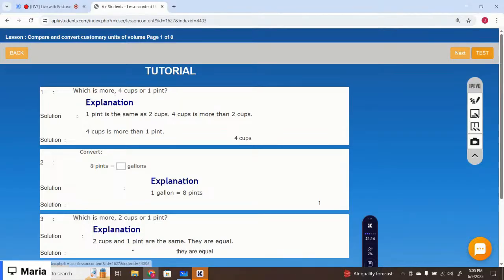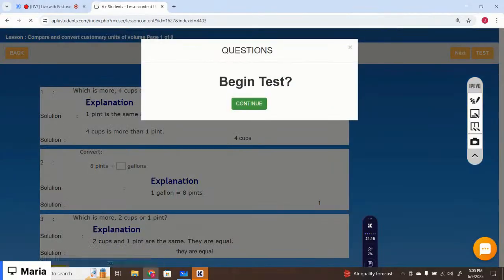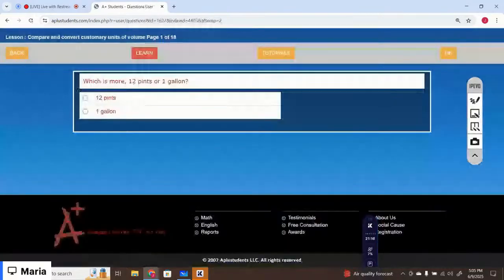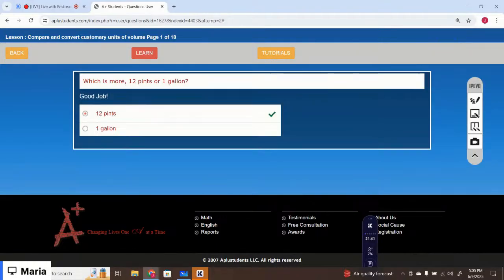Let's just start with the test questions. Which is more, 12 pints or 1 gallon? 12 pints is more than 1 gallon because 1 gallon equals 8 pints.